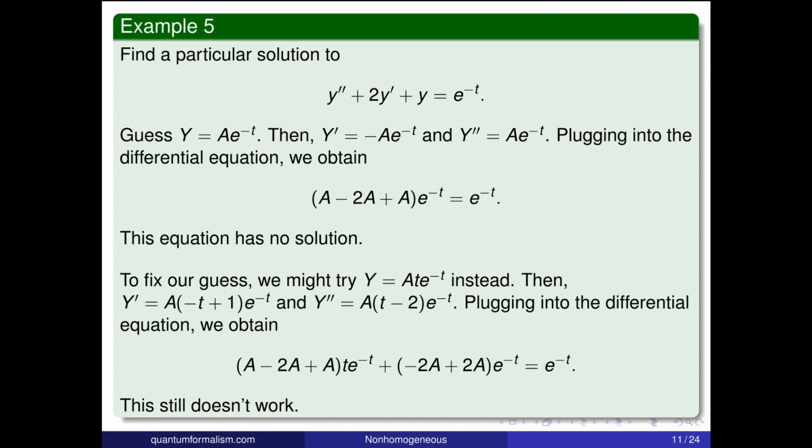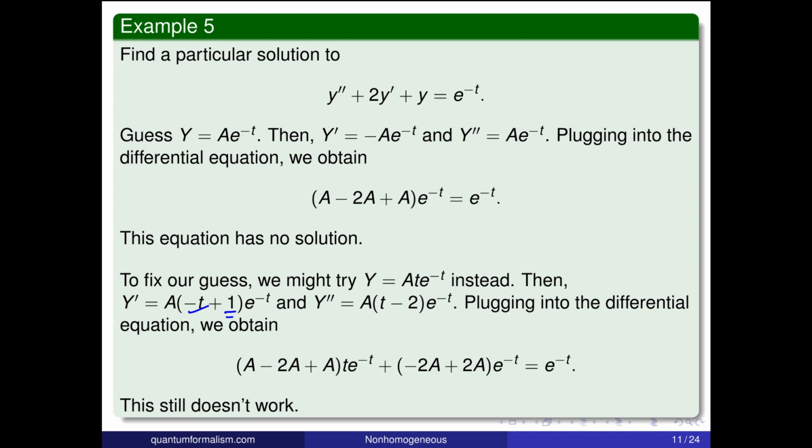So now we'll need to do the product rule for this derivative. If we leave the t alone and take the derivative of e to the minus t, we'll end up with this minus t term. And then taking the derivative of t, we'll just get 1 times e to the minus t for the other term in the product rule. Now for the second derivative, if we leave the stuff in parentheses alone and take the derivative of e to the minus t, we'll pick up a minus sign.